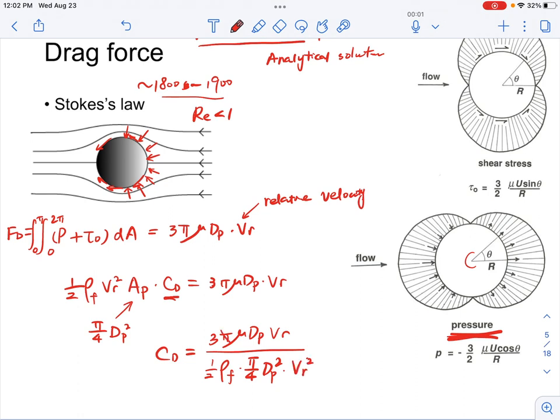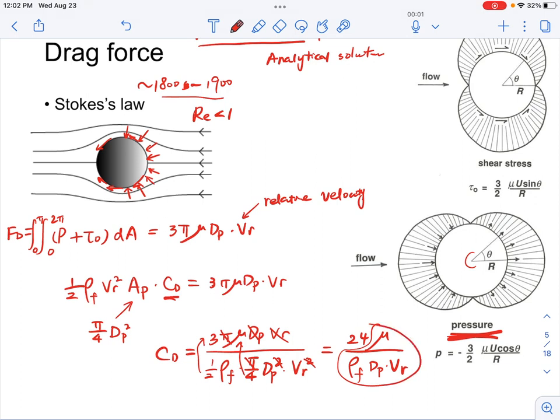You can cancel the pi term, the dP term, and a Vr term. The 2 and 4 combine, so you get CD equals 24 mu divided by rho f dP multiplied by Vr.